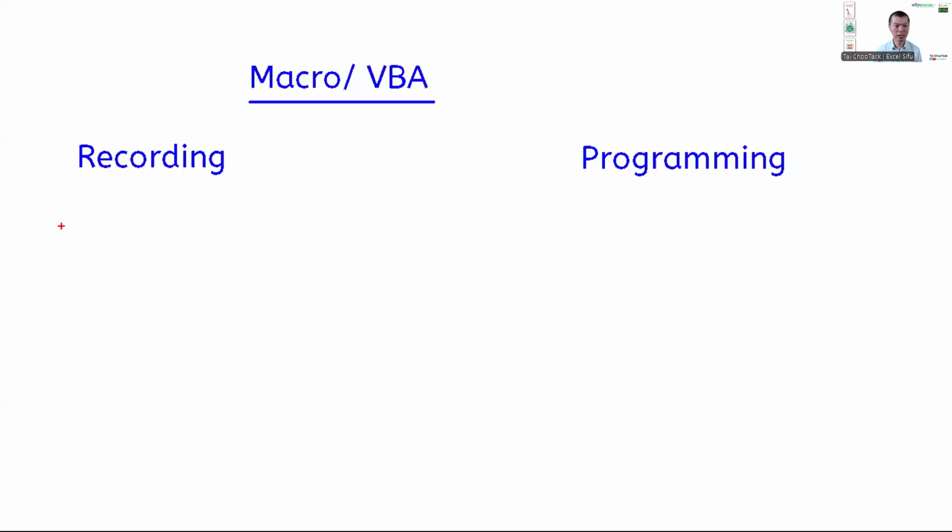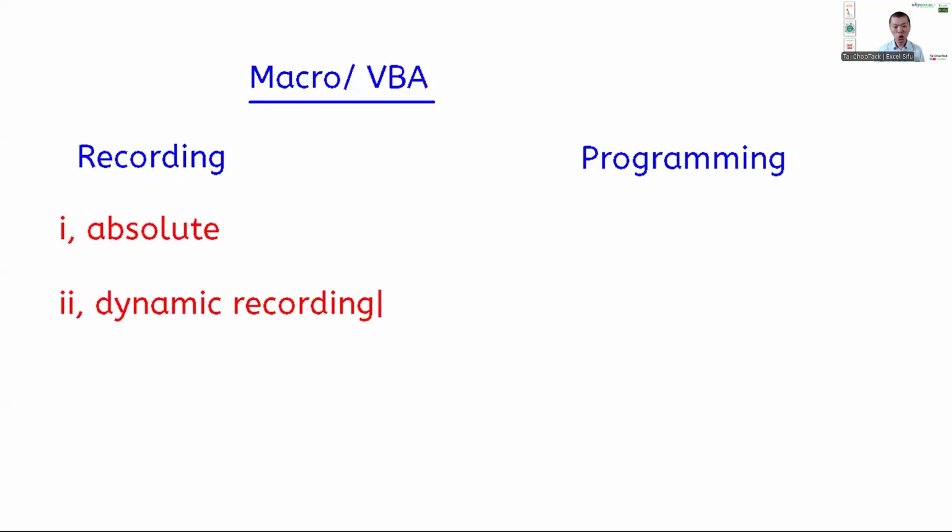Recording has two subtypes. Subtype number 1 is absolute recording, and subtype number 2 is called dynamic recording. Absolute means if I record on 5 records, it only works on 5 records. Dynamic recording means if I record the steps for 5 data, next time I have 5,000, it still works.